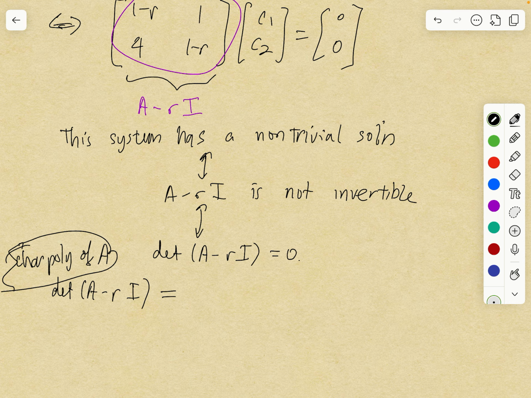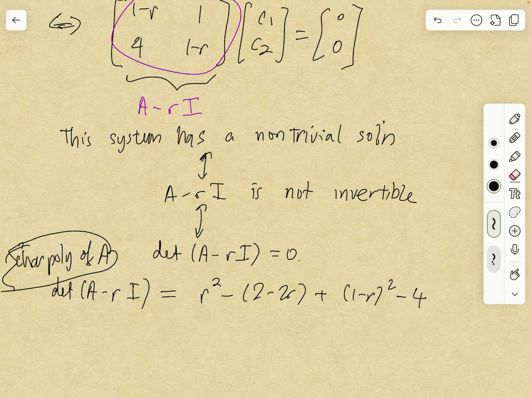Let's see, the determinant is going to be r squared minus the trace. So we have a 2 by 2 matrix, so we add the diagonal entries, so we get 2 minus 2r, and then plus the determinant. So it's going to be 1 minus r squared minus 4. That's actually more complicated than it should be.